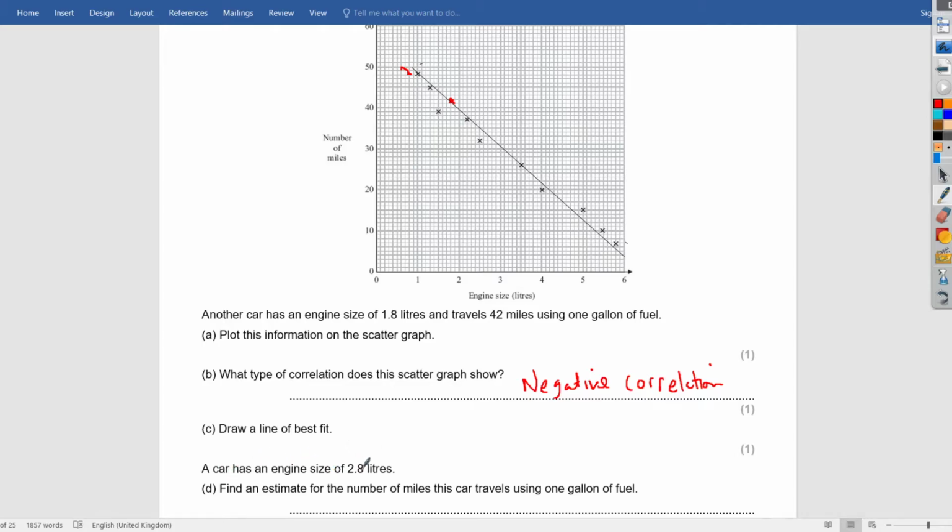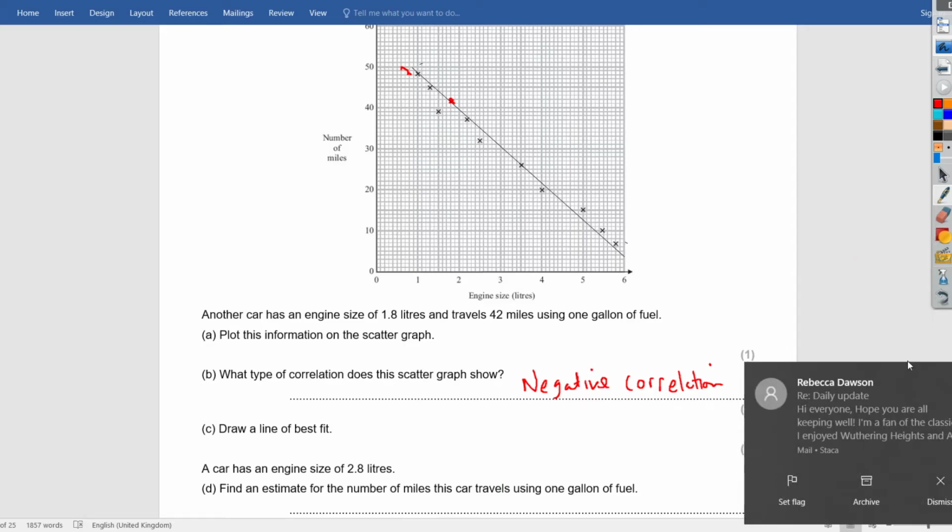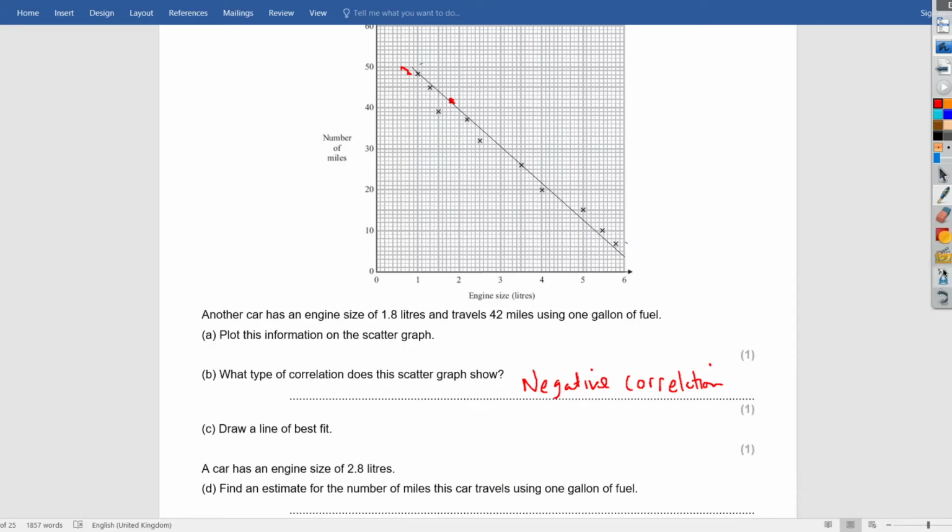A car has an engine size of 2.8 litres. Find an estimate for the number of miles the car travels on 1 gallon of fuel. So if we use this one, 2.8 litres is about here. We should use a ruler going along here, up to this point, 2.8.